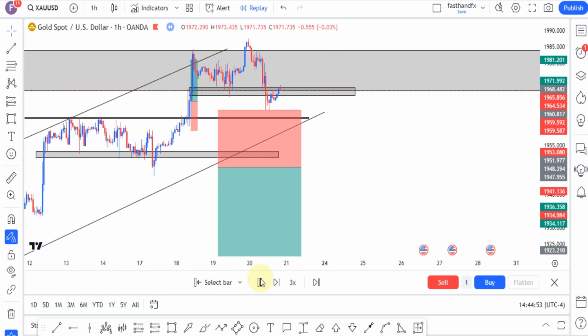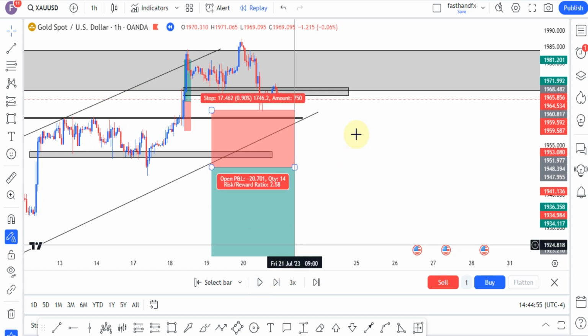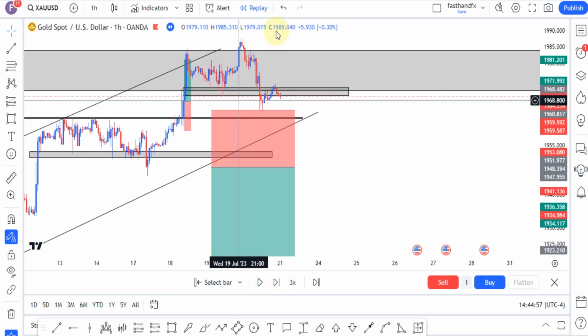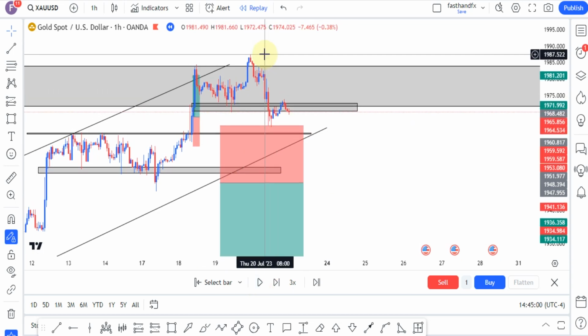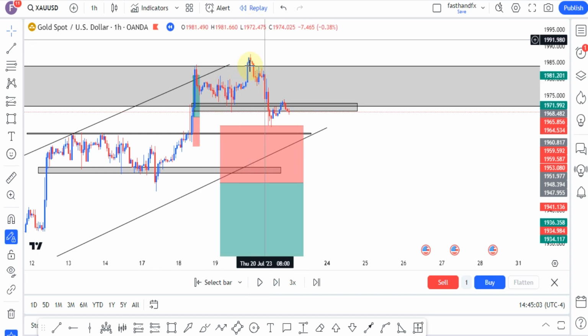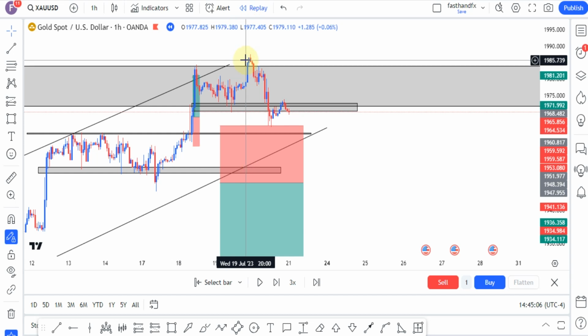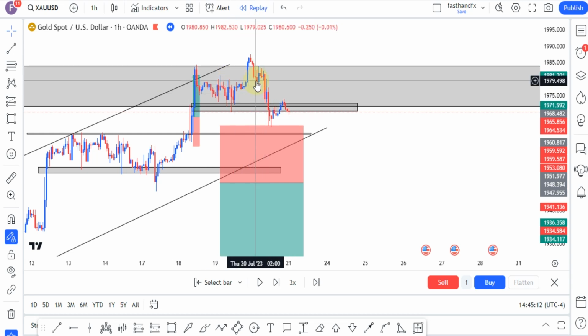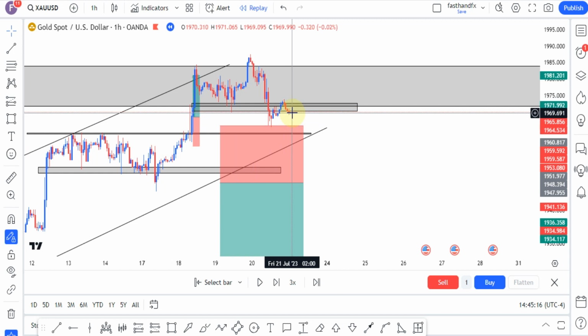So as you can see, the market did come down and took out the area, and it gave us this fake out at this point. It did close above this area, but I told you guys, normally wait for a retest before taking your entry. So the market came down and gave us that retest.